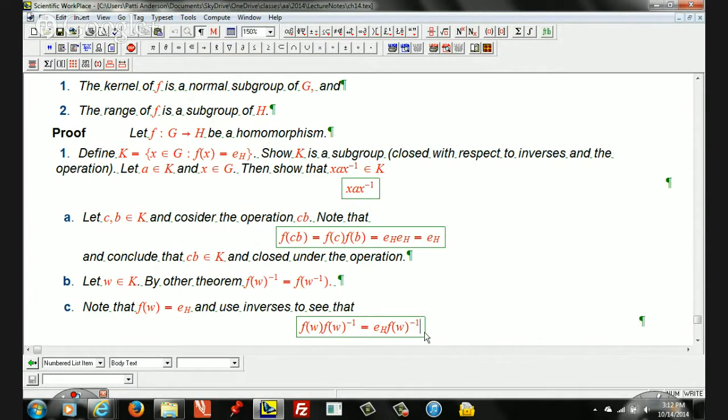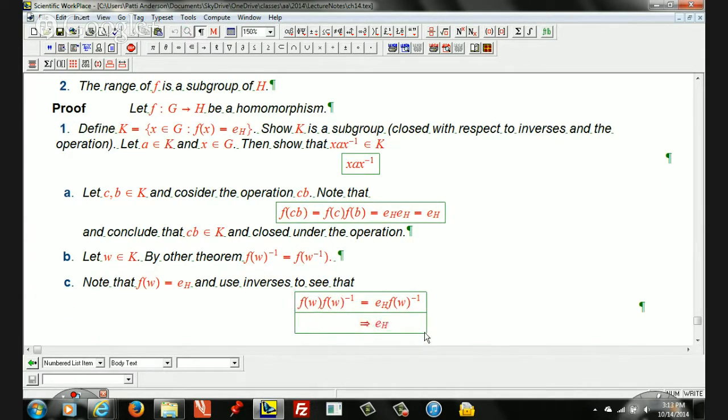But then that part right there, what does that tell you? H is equal to F of W inverse. But what do you know F of W inverse is equal to?